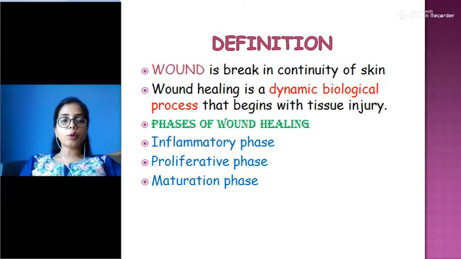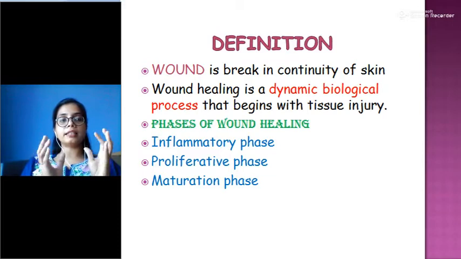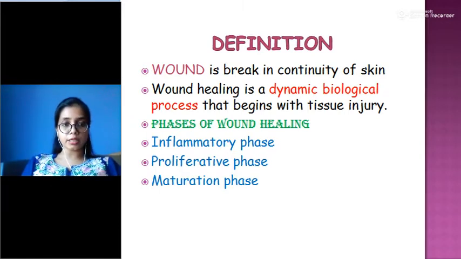Wound healing, the healing of any tissue, is the body's natural process. What we do by using electrotherapeutic modalities is use them as an adjunct to increase the healing process and improve the time for healing, right?